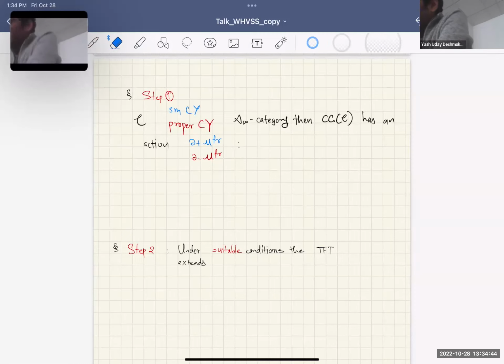So to spell this out, what this means is we are going to have maps as follows. These actions are chain level, a chain level action.